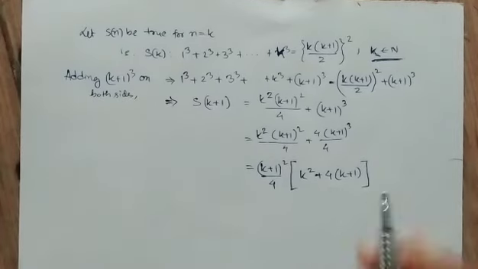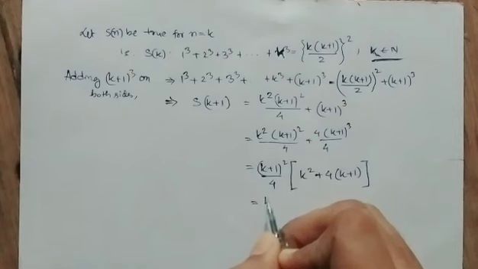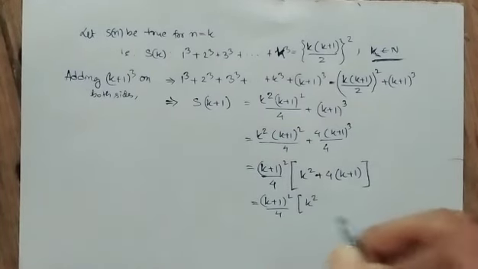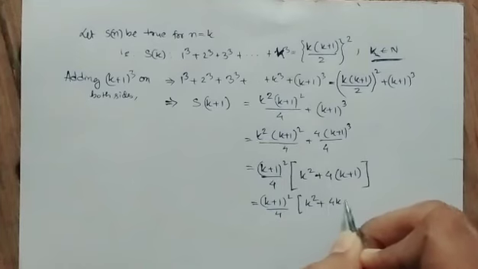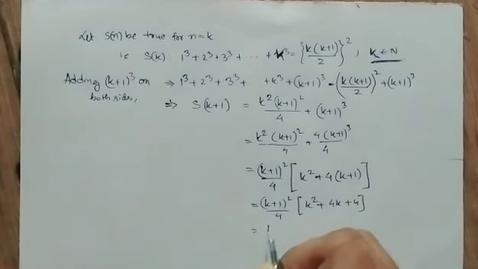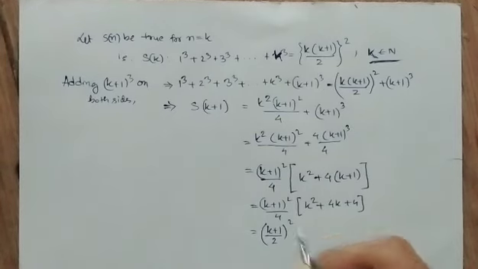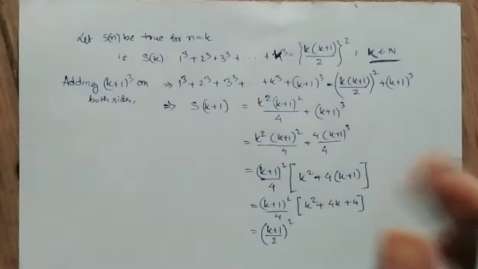So we will just simplify it, and we will get the result. k square, so it is 4k plus 4, (k+1) by 2, I meant to put it whole square.